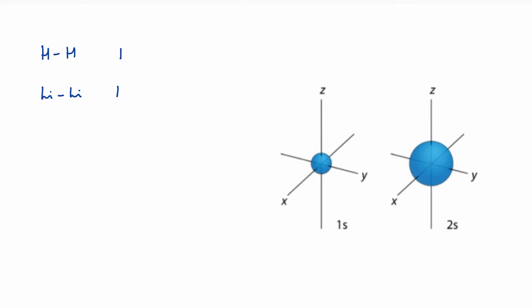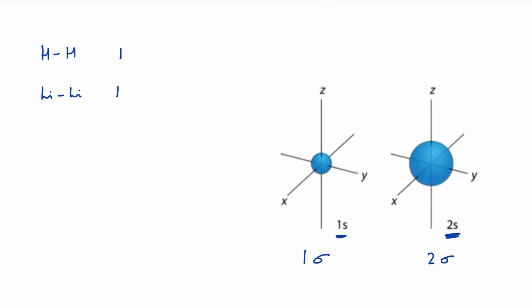The hydrogen bond is the result of a sigma 1s molecular bonding orbital formed from the combination of 1s atomic orbitals. And in lithium, our bonding is the result of filling our 2 sigma molecular bonding orbital, which is the result of the combination, or the interaction, of our 2s atomic orbitals.